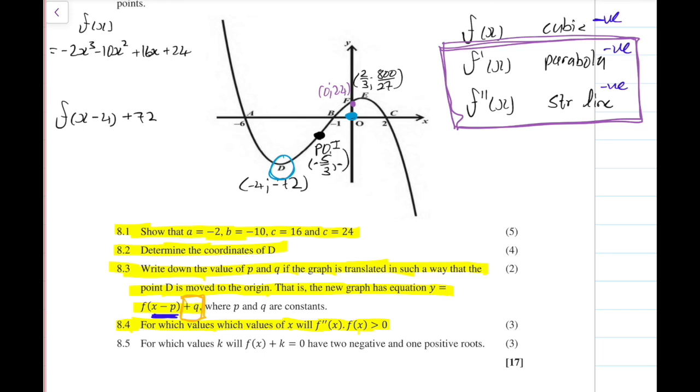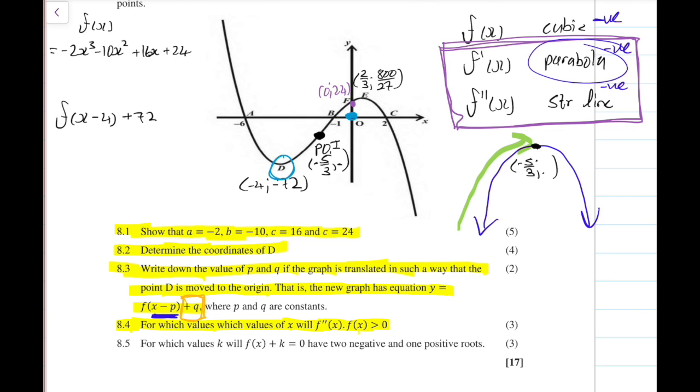Okay, so this is telling us the following. You know that a negative parabola looks like this. So you will have a positive gradient until the point of inflection, until that point of minus 5 over 3. We don't care about its y value. We just know it's minus 5 over 3.